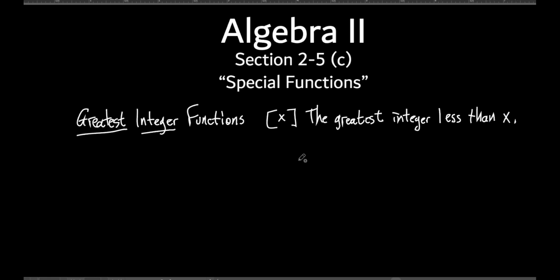So, for instance, if I gave you a number like 2.7, everybody watch. If x is equal to 2.7, and I said, find this, what does that mean? It means find the largest integer that's less than x.